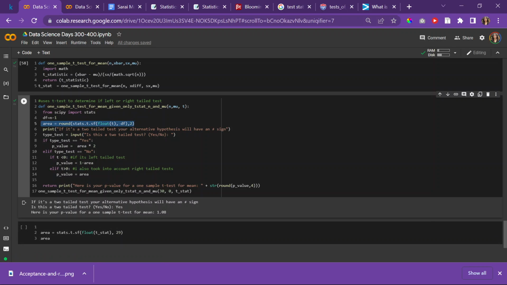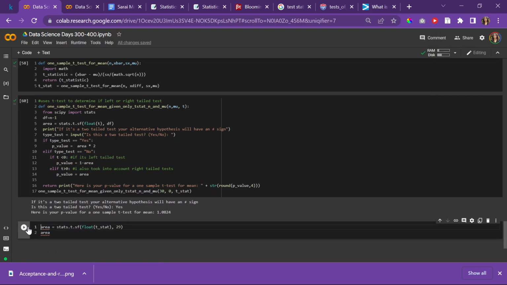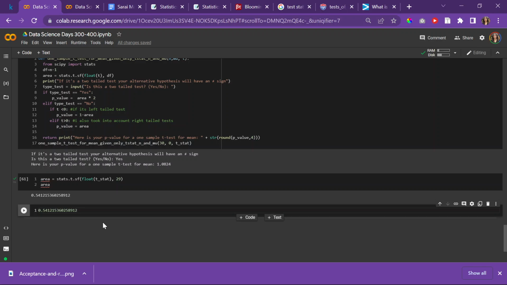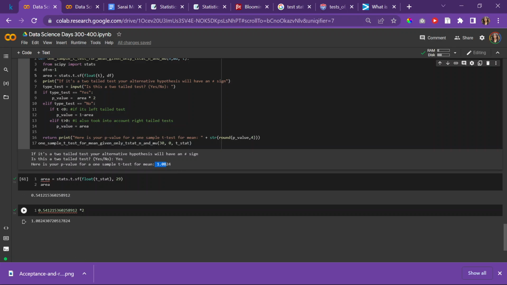Maybe I shouldn't round here either. It could affect my answer. Right, and so if I multiply this by 2, it's the same answer that I got in my function.